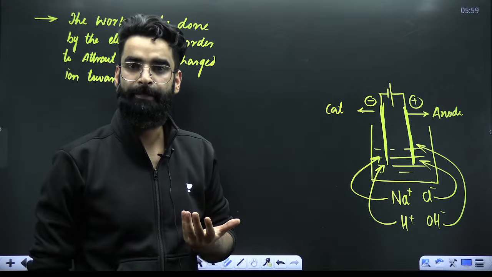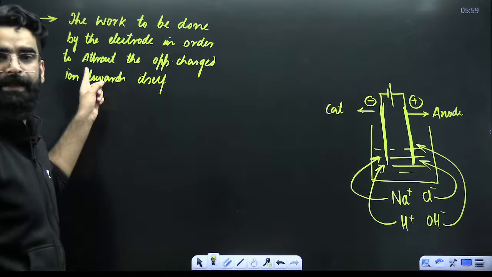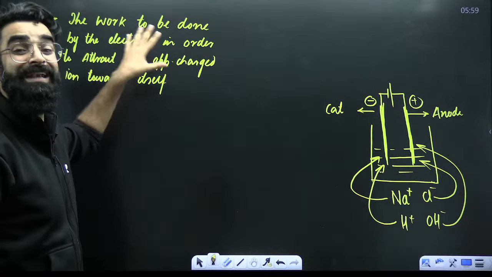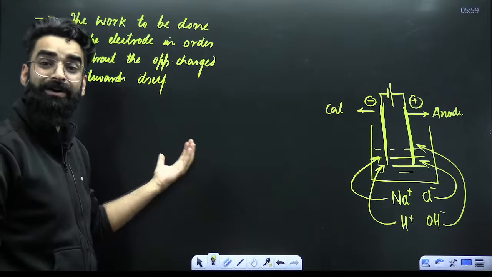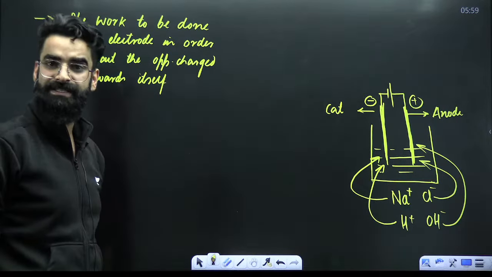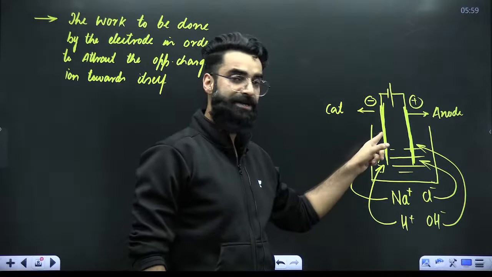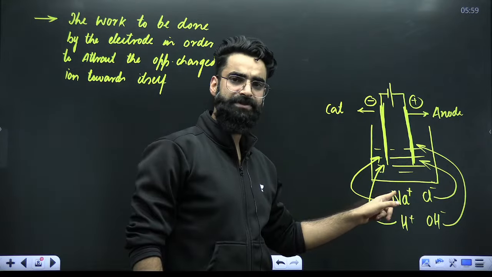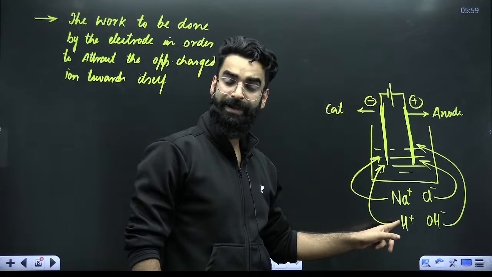In simpler words, I wrote a statement here: the work to be done by the electrode in order to attract the oppositely charged ion towards itself. Have a look. This electrode is going to attract Na positive as well as H positive, right?